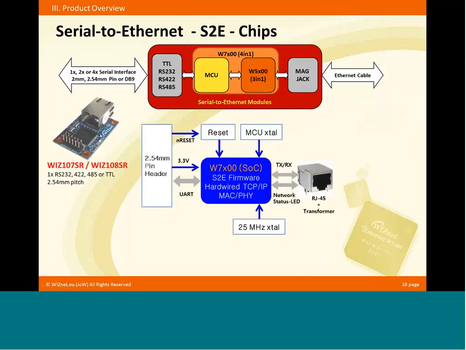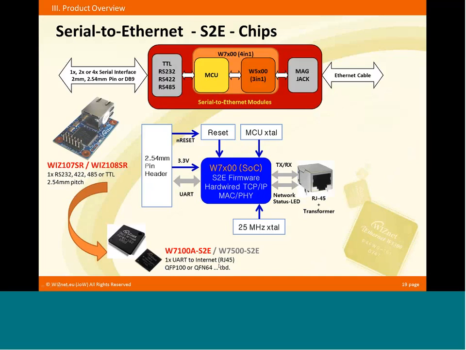As I told you, we offer this chip also pre-programmed, so you have a pre-programmed serial to Ethernet chip. You only need to add a crystal, a connector, and your application on the UART side, and you have serial to Ethernet on your application.